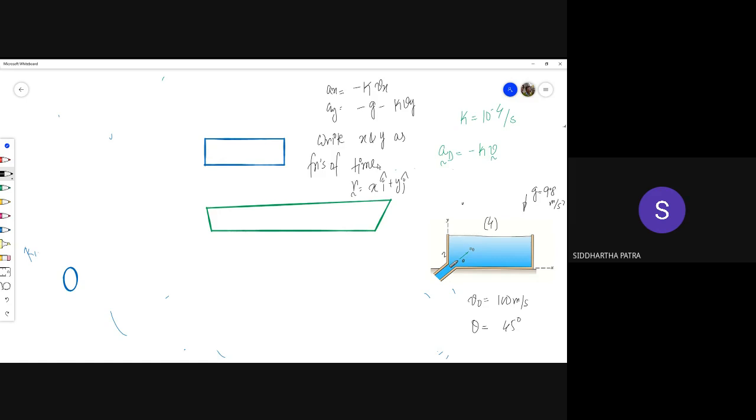For instance, let's start with the x component of velocity.